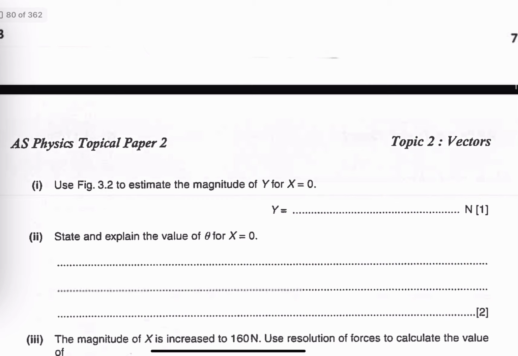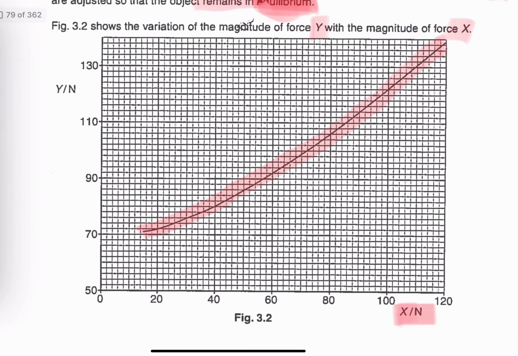Use figure 3.2 to estimate the magnitude of Y for X equals 0. So where is X? This is X, so X will be 0 on the axis. You have to estimate: if you extend this graph, it will eventually go toward this point, where X is 0.